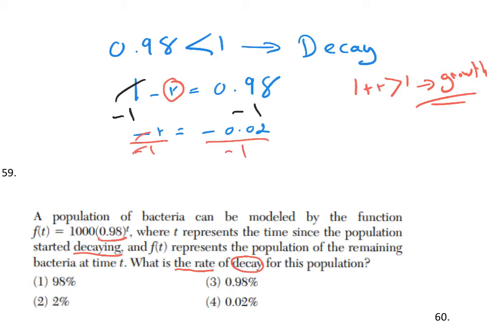And I will have r equals 0.02. Now that's a decimal number. I need to switch it to a percentage in order to find the rate, so I'm going to multiply by 100%. That means I move the decimal point twice to the right, 1, 2, and that will be 2%. So the rate of decay for this population is 2%, and the answer will be number 2 right here.